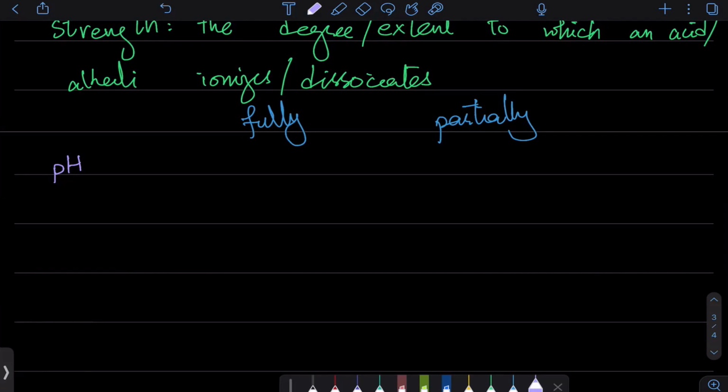pH is a way for me to know how much of it has ionized, how much of it is actually taking part or demonstrating that I am an acid or I am an alkali.